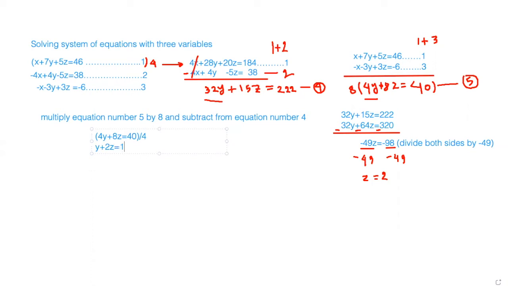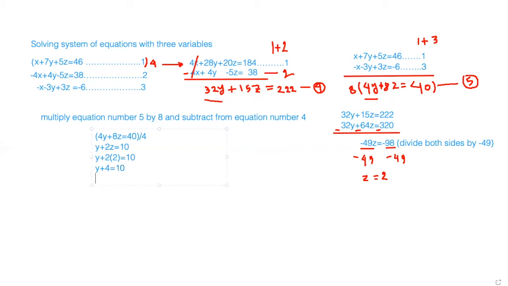10. Okay, now we replace 2 for z. So it's y plus 2 within parentheses, z is 2. So write it down and then equal to 10. So it will be y plus 4 equal to 10.